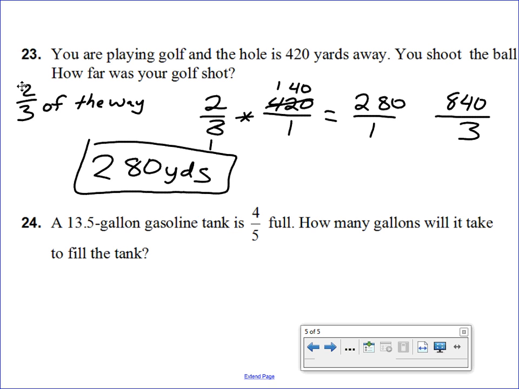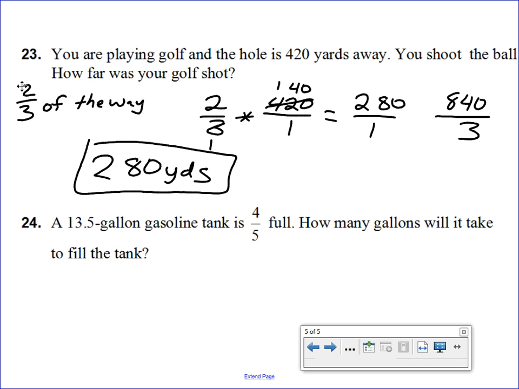All right? So, a 13 and 5/10, or 13 and a half gallon gas tank. That means that the entire gas tank is 13 and a half gallons, and we know that it is 4/5 full.